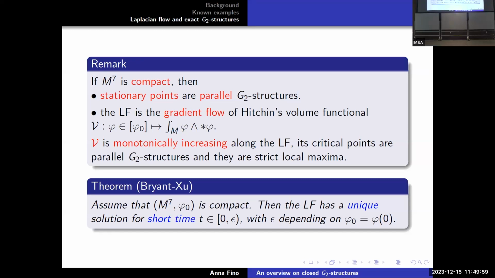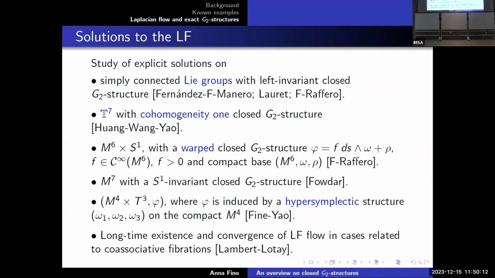We have a short-time existence result. This was proved by Bryant, using the Cauchy-Kovalevskaya plus Nash-Moser theorem. Okay, I don't want to talk about general results about the flow, but I want to see what the solutions are.